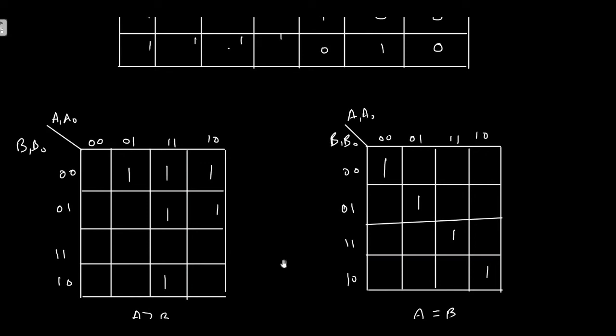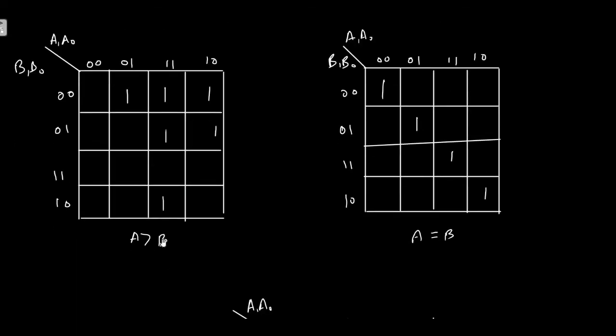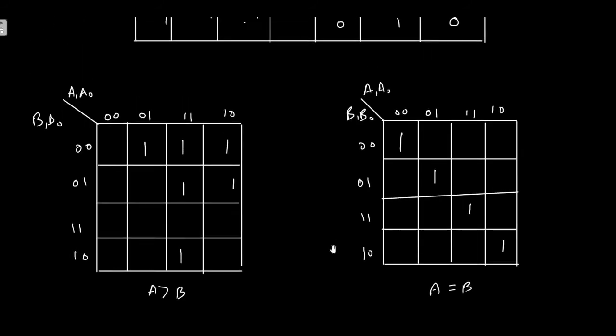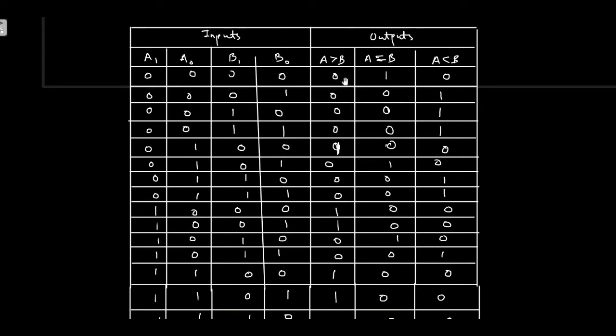After this we draw a K-map. K-maps for A greater than B, A equal to B, and A less than B. Now for A greater than B, we find that 1 is for 0100.